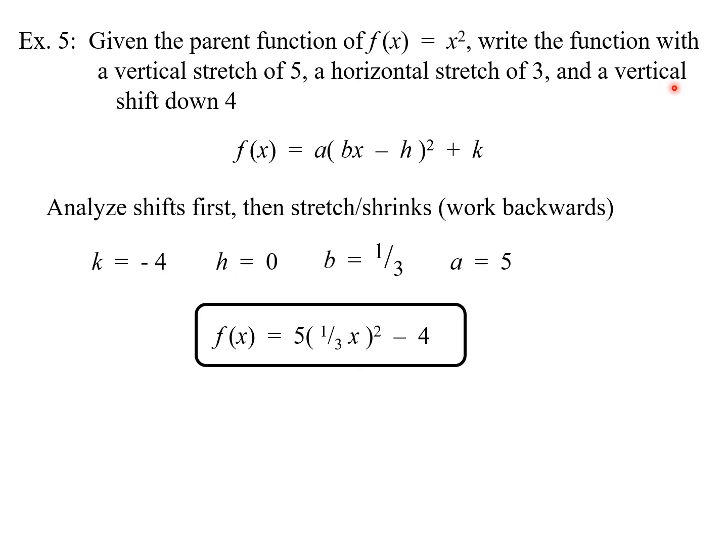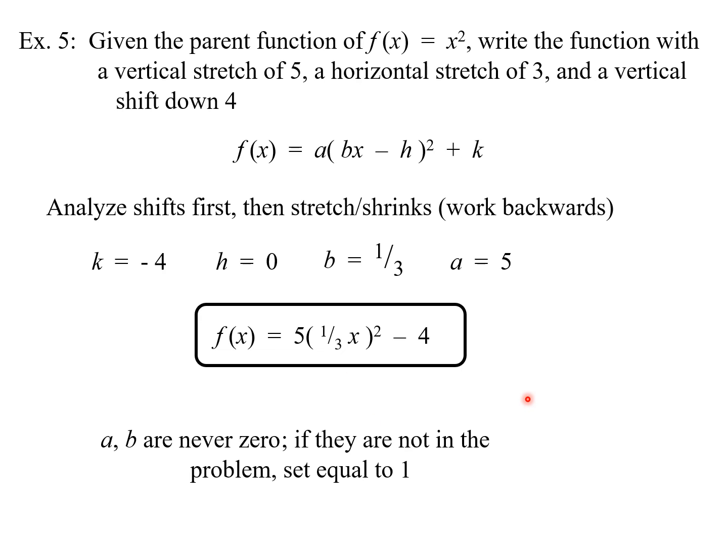If it turns out that there are no stretches involved, then we have to set a and b equal to something, but we don't set them equal to 0 because that would make the x term disappear, and that doesn't make sense, right? Because we need it in there somewhere. So a and b are never 0. If they're not involved in the problem, set them equal to 1. If h and k are not involved, if there are no shifts, set those equal to 0. But if the stretches and shrinks are not involved, set a and b equal to 1.